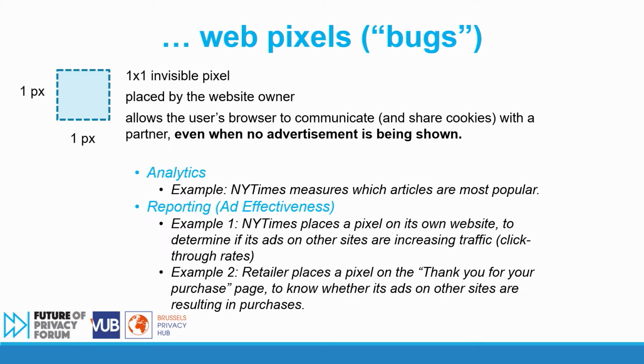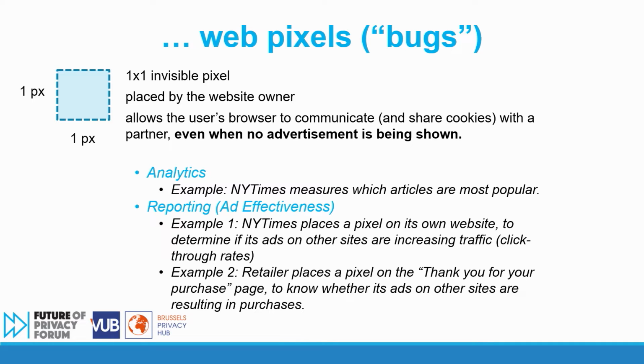The user never sees it, but the web browser goes through the process of saying, well, I need to put this pixel out there, and the pixel has its own URL, so it will go back out, and it could be to a third party, to request this invisible pixel. It is a convenient vehicle to request information or send information back to a first or third party server.